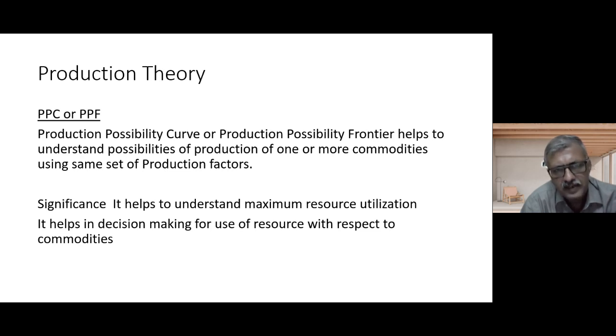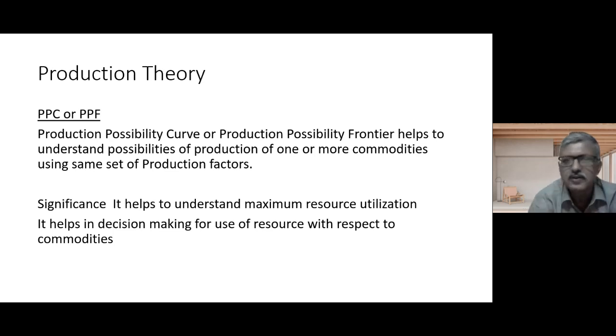Suppose I have utilized the entire piece of land with the remaining factors of production for producing only wheat. I will get X quantity. Suppose I have utilized the same set of factors of production with the same field land not for wheat this time, but for sugarcane, I will get Y quantity. And now if I decide that I need to get both sugarcane as well as wheat, factors of production in different situations, different combinations.